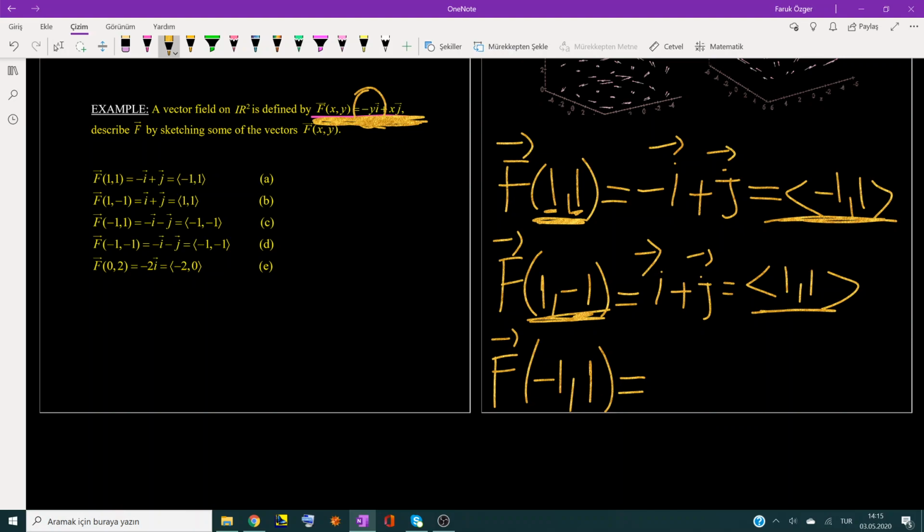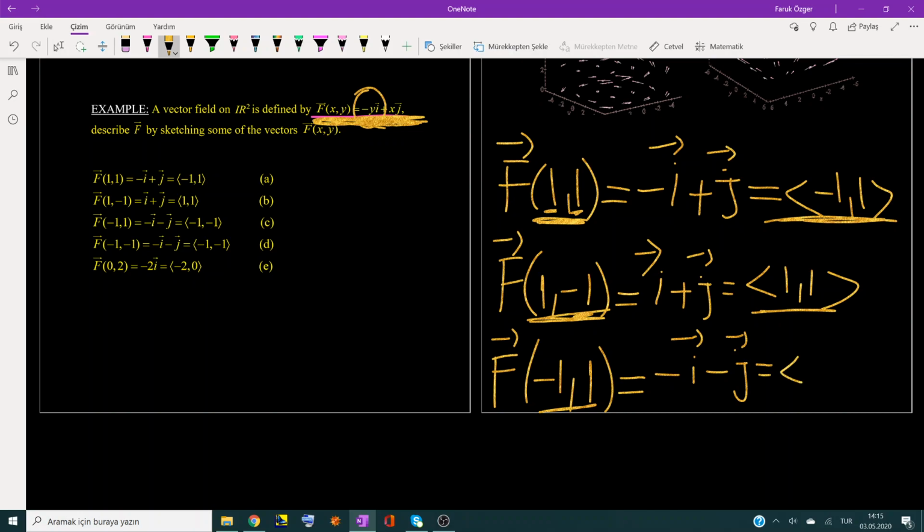Okay, so I arbitrarily choose that function, those points. So what about at the point minus 1, 1? At the point minus 1, 1, since y is 1, then you have minus i, that is minus y. Since x is also minus 1, you have minus j.